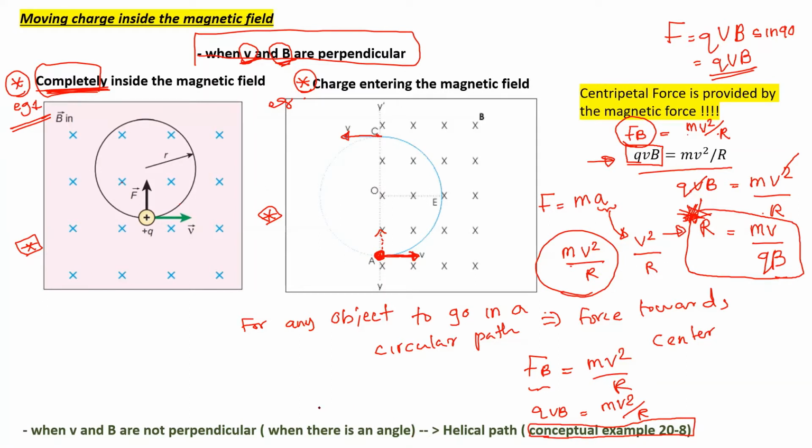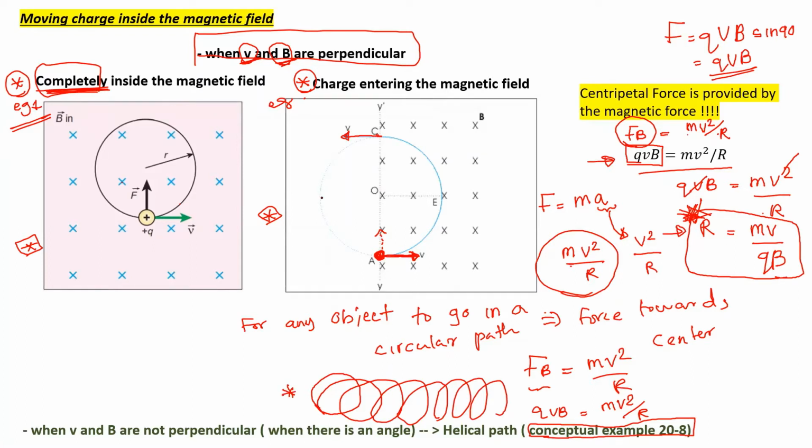They say that it will not go around a full circle. What it will do is go around a helical path, something like a curl, a curly path. So they can ask these in conceptual problems, okay?